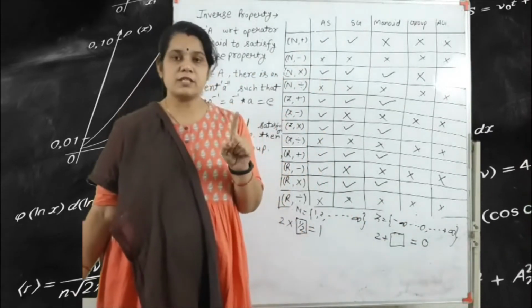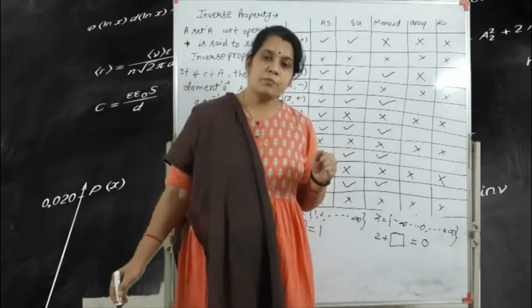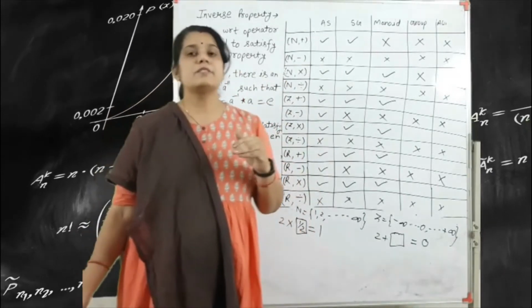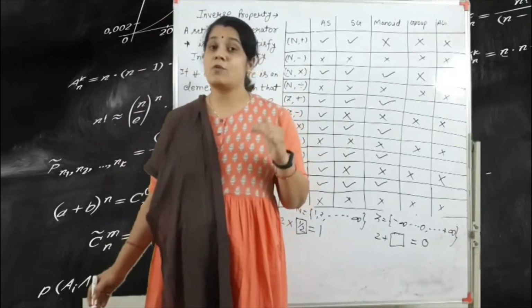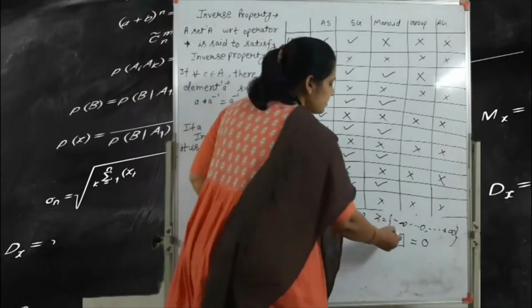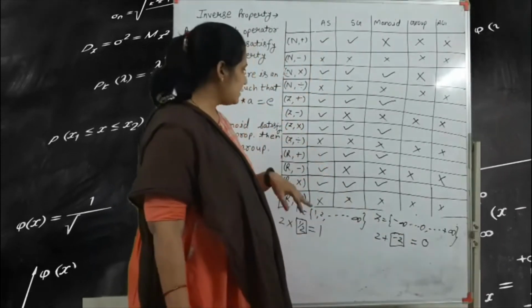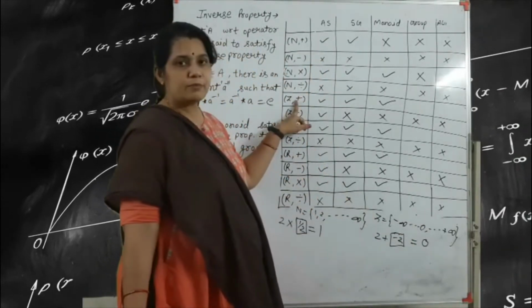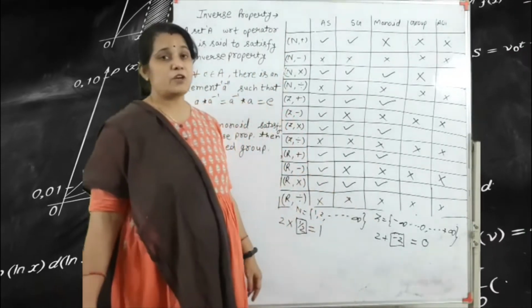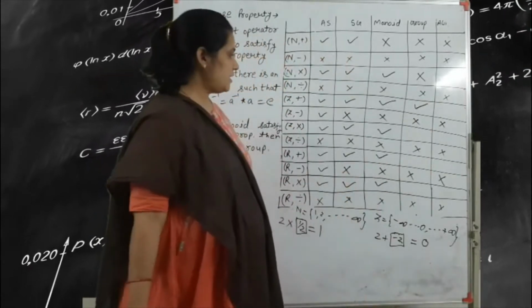Don't be confused here: always keep in mind that for the plus operator the identity element is 0, and for the multiplication operator the identity element is 1. So 2 plus minus 2 is equal to 0, and minus 2 is present in Z plus, because that is the set of integers. That means this satisfies the inverse property.